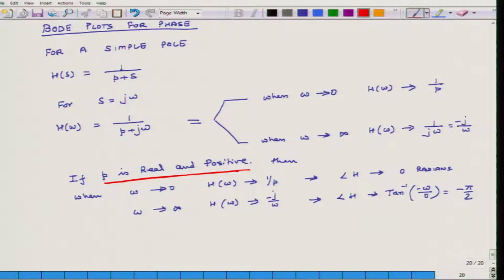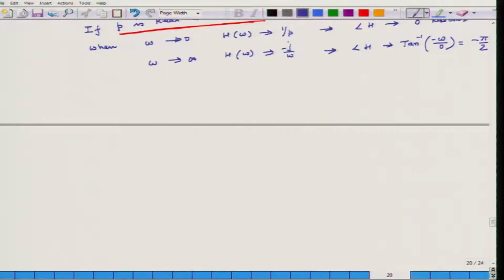We did not have this condition in the context of the magnitude plots, but in the context of phase plots, the value of p, whether it is real or imaginary and whether it is positive or negative, has a role. So, with this understanding, when we develop a phase plot for a simple pole, it will look like this.